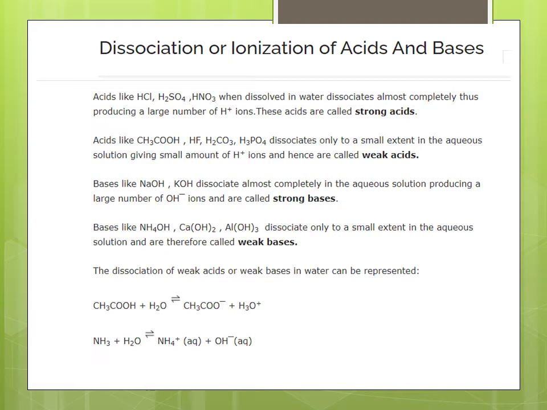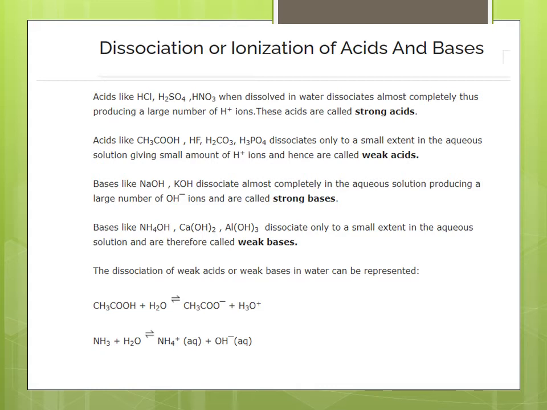Bases like NaOH, KOH dissociate almost completely in the aqueous solution, producing a large number of OH negative ions, and are called strong bases. Bases like NH4OH, Ca(OH)2, Al(OH)3 dissociate only to a small extent in the aqueous solution and are therefore called weak bases.